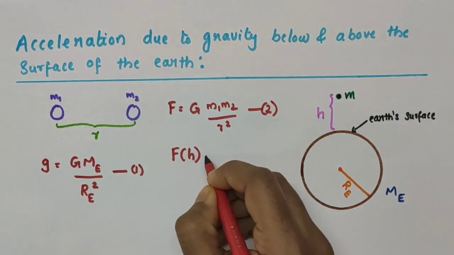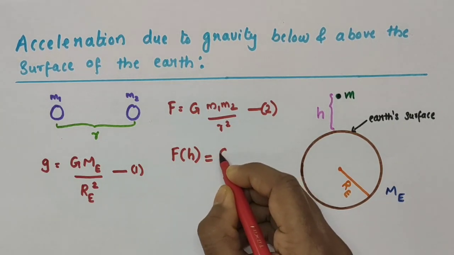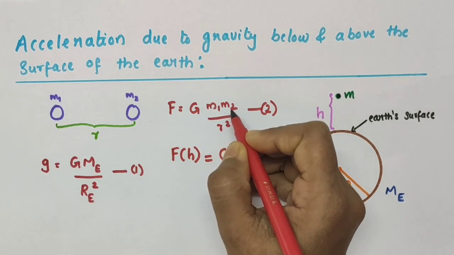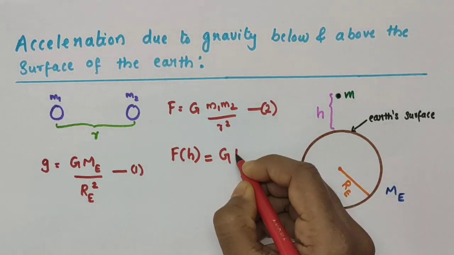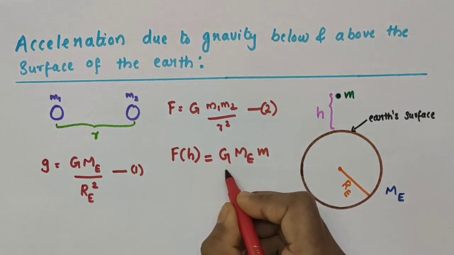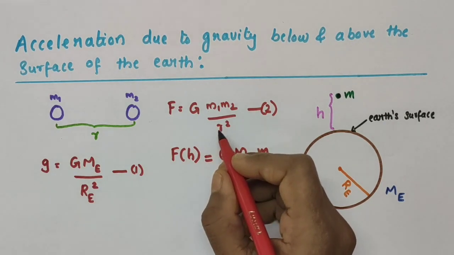That will be G into m1 into m2, the product of the two masses. Here we have the earth's mass Me, and this point mass m. So m1 and m2 will be Me into m, divided by r².